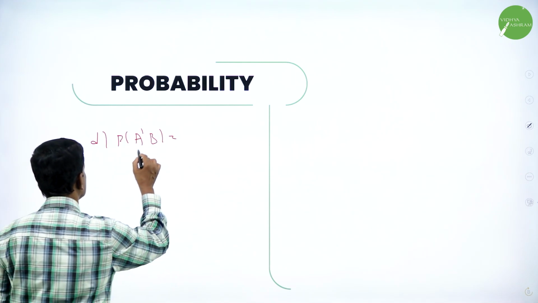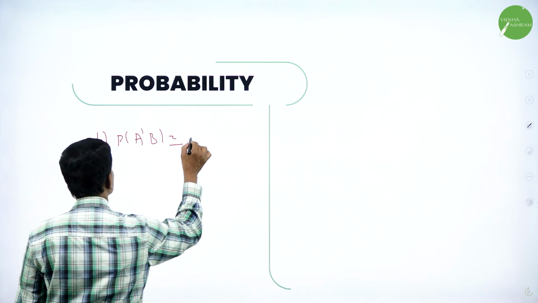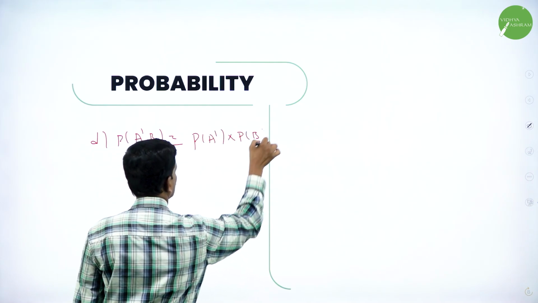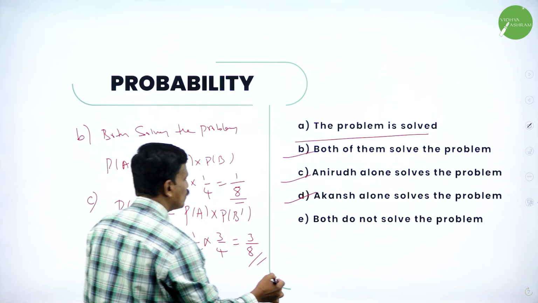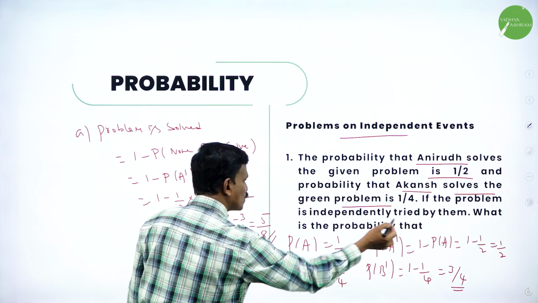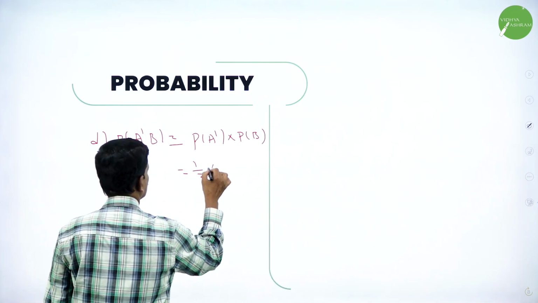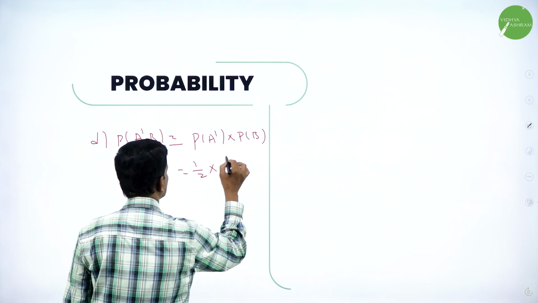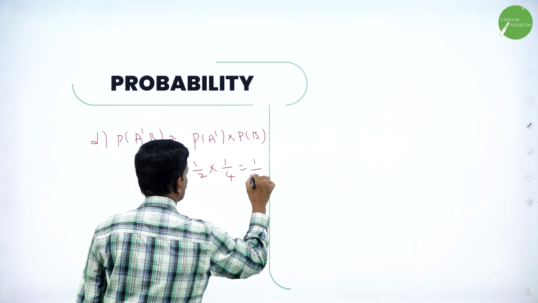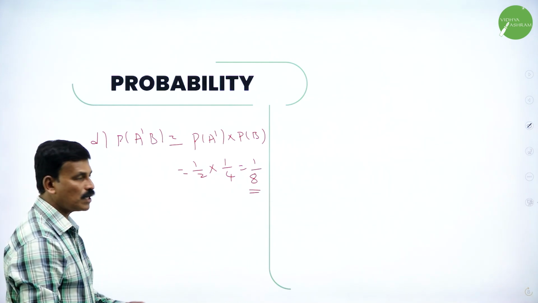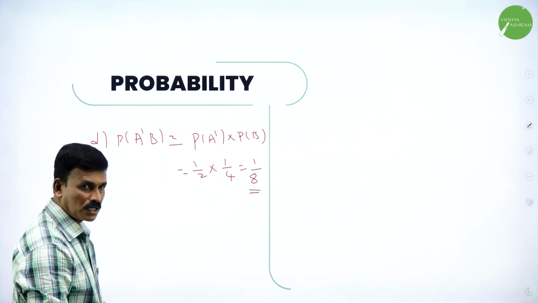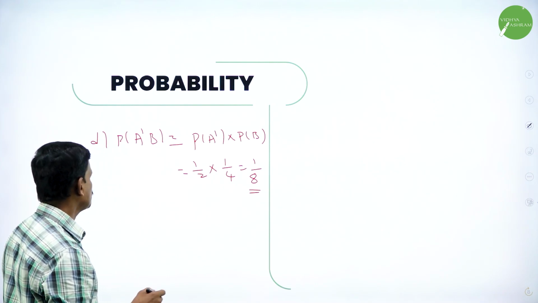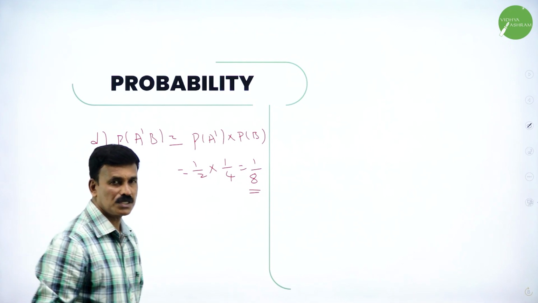So that is denoted as probability of A dash into probability of B. What is probability of A dash? That is nothing but 1 by 2. This is 1 by 2 into probability of B. What is probability of B? 1 by 4. So this is also equal to 1 by 8. So the probability of the problem being solved by Ankash alone is P of A dash into P of B, that is 1 by 2 into 1 by 4 is 1 by 8.